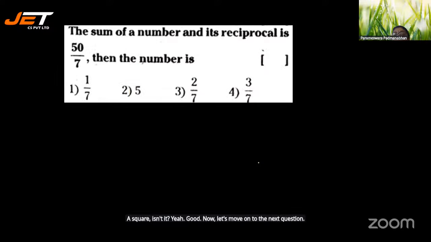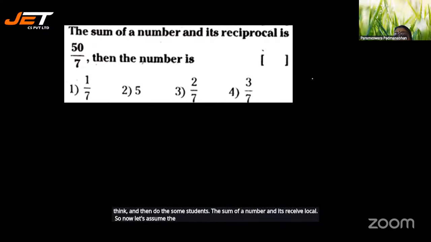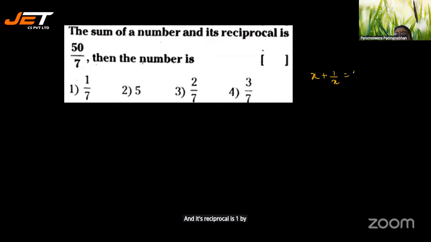We have: the sum of a number and its reciprocal is 50 by 7. Then what is the number? Think and then do the sum, students. The sum of a number and its reciprocal. So now let's assume the number to be x and its reciprocal is 1 by x, equal to 50 by 7.